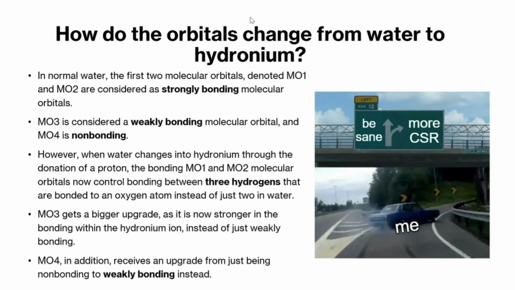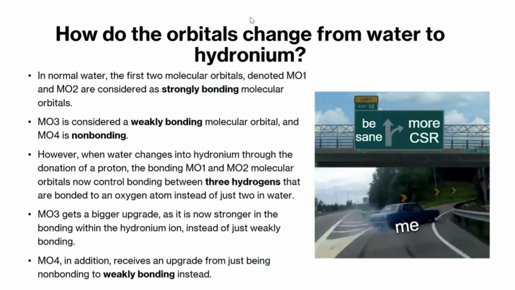However, if water changes into hydronium through the donation of a proton, the strongly bonding MO1 and MO2 molecular orbitals now control bonding between 3 hydrogens that are bonded to an oxygen atom instead of just 2 in water. MO3 also gets a bigger upgrade because it is now stronger in bonding character within the hydronium ion instead of just weakly bonding.